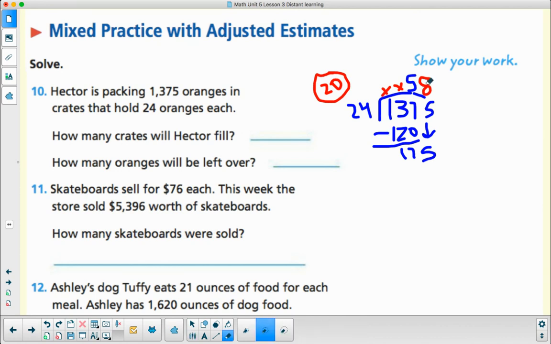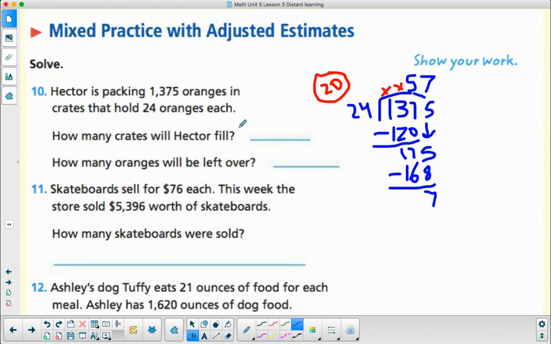I have to adjust this down from 8 to 7. 7 multiplied by 24. 25 multiplied by 7 is 175. So 175 minus 7 is 168. And I know that's 7 because I just did that in my head.